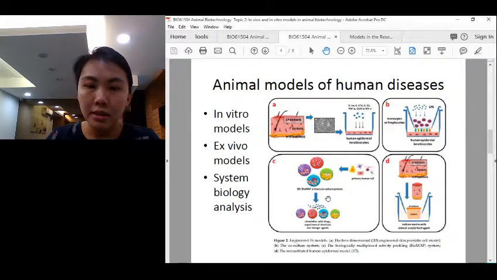And C refers to the system biology analytic model, meaning they are combining the analysis in a systematic manner using bioinformatics analysis. So there are three models here: in vitro, system biology analysis, and ex vivo model.